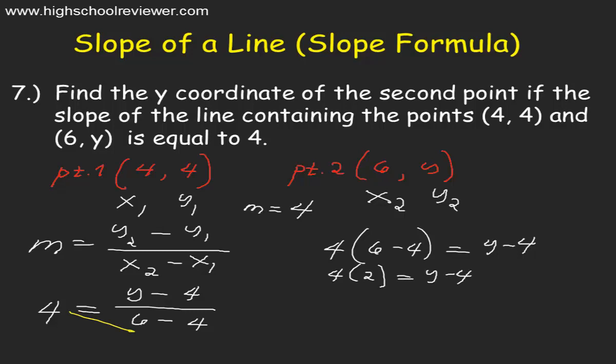So our y here will be equal to 4 times 2, that is 8, and then we will transpose negative 4 to the other side. This will become positive 4. So our y will be 8 plus 4, and that is 12. So y here, this is y sub 2. So our value for y sub 2 is positive 12.